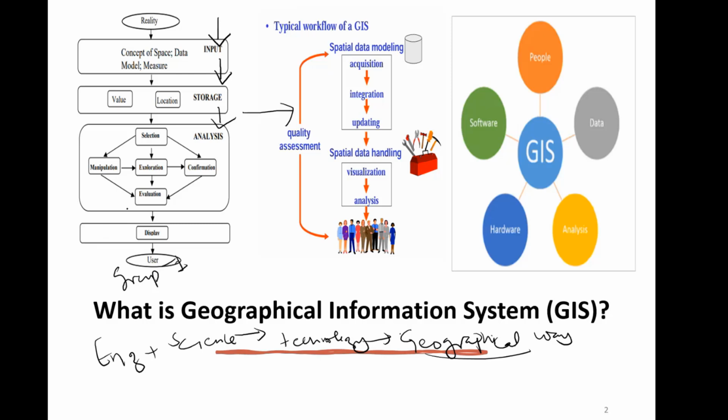In the input, we have to define the space, data, model, and measures. Then we need storage. This is basically the integration. Integration means that when we insert that specific data, it is integrated for the purpose of visualizing it in a geographical way.